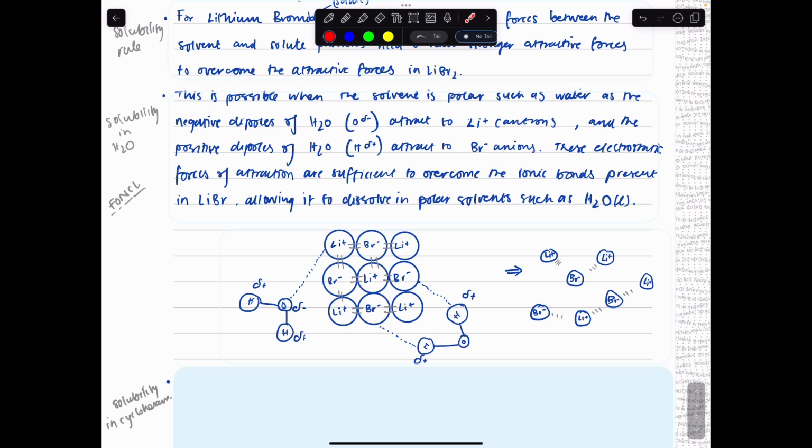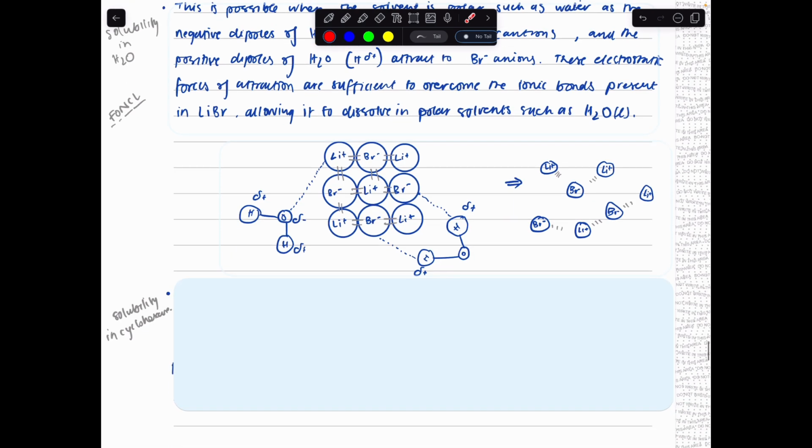Okay? And so what happens is the positive ends of water attract to the negative parts of this lattice, and then the negative ends of water attract to the positive parts of the lattice and pull it apart to make it this right over here, okay, to dissolve it. And now it can actually conduct electricity because there are free-flowing charges.